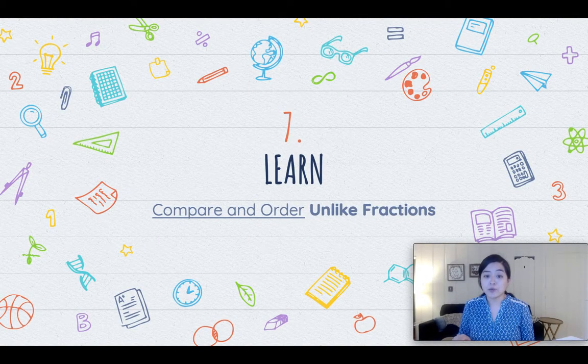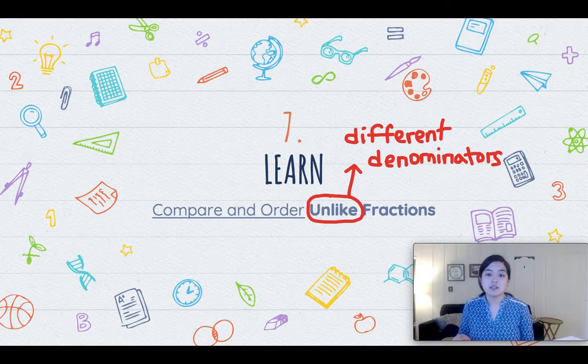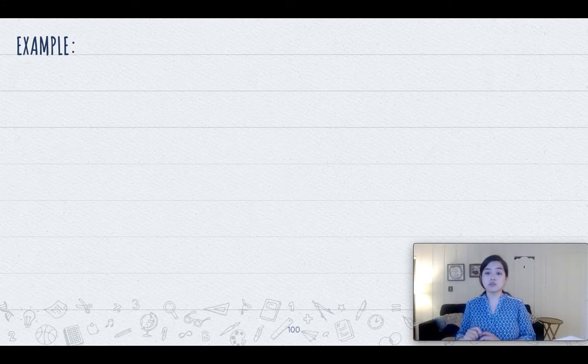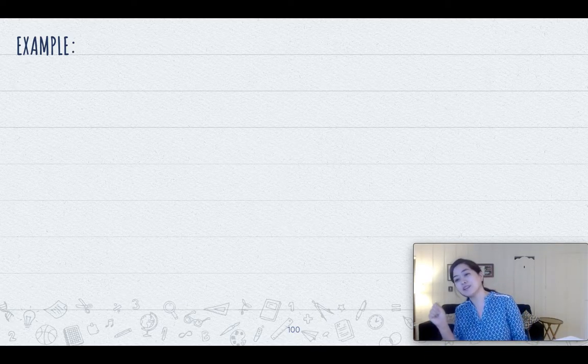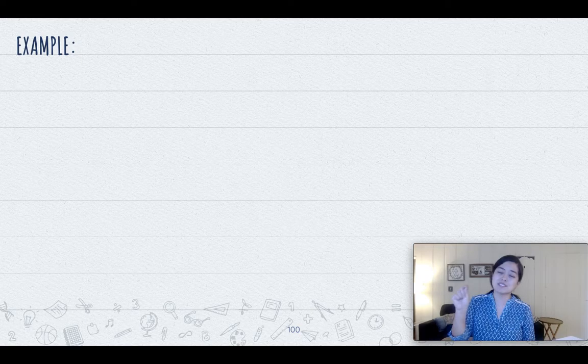Let's compare and order unlike fractions. Now, remember, unlike fractions means fractions with different denominators. Now, you can use benchmark fractions to do this. You can use bar models to do this. But I'm going to use equivalent fractions to do this because in the real world, during math class and on assessments later on, you won't have the time to draw number lines and bar models because that can take some time, right?